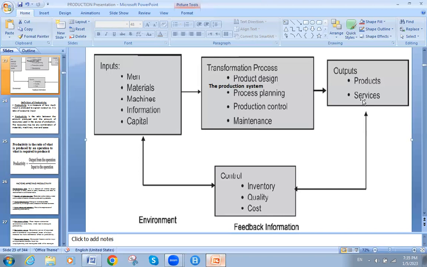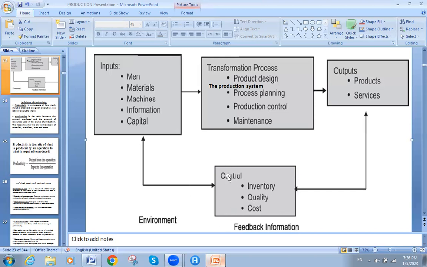But in services, you care about the service provider. If you go to a doctor, for example, before you go you ask about him: is he very famous? Do the people love him? Is he skillful at his job? So services are related to the service provider, but products are not.